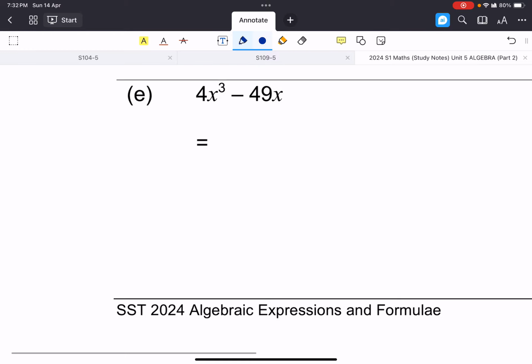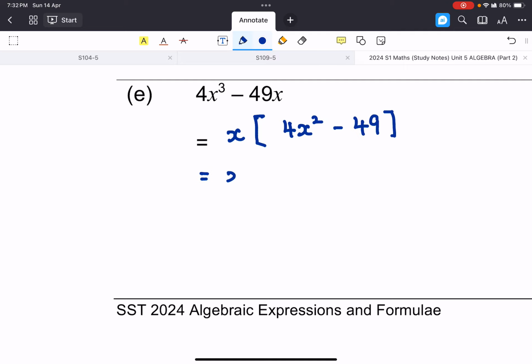So example E, once again, this time round, hey, wait a minute, that's not square, that's cube. But remember, in our earlier lesson, we mentioned that whenever we can extract out a common factor, we should do that first. Is there a common factor here? Yes, x is the common factor. So when we take out x, we have 4x squared minus 49, right?